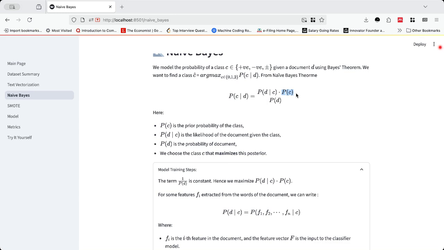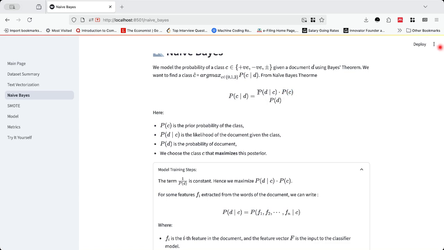Suppose we have 10 different news articles. Even before we look at the document, we know a priori that it's more likely that we will encounter a negative news article. So that is what P of C, or the prior, means.